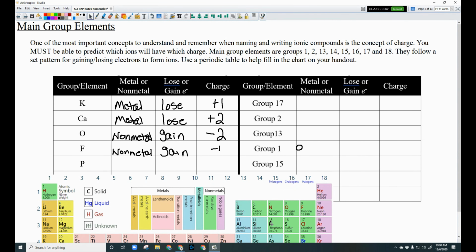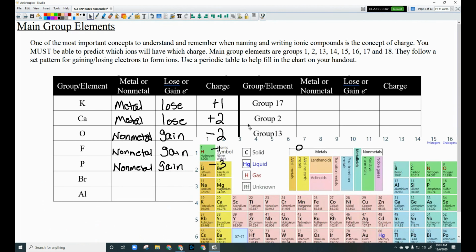And phosphorus, right here. Phosphorus has 5 valence electrons. It's a nonmetal. So it's going to gain valence electrons. It's going to gain enough to have 8. So it's going to gain 3 electrons, which is going to give it a -3 charge.